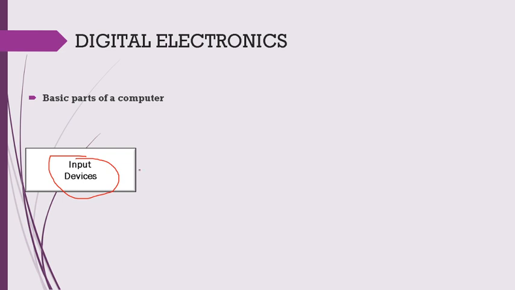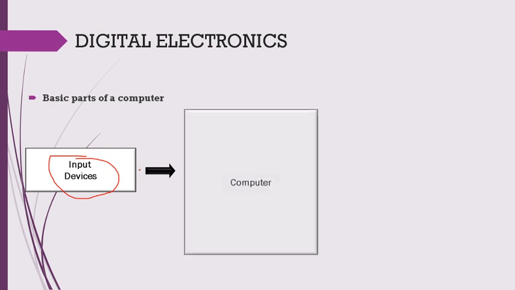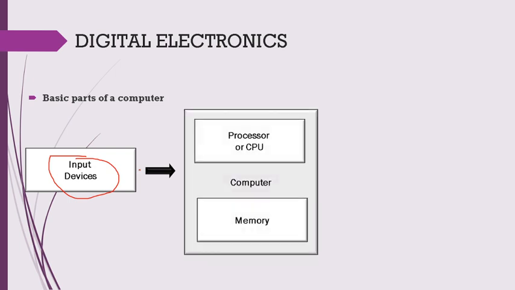Next, after the user inputted something or used the input device, it will go directly to the computer. Inside the computer, there are two hardware: first, the CPU, and the other one is the memory. So basically, these are our processing devices.